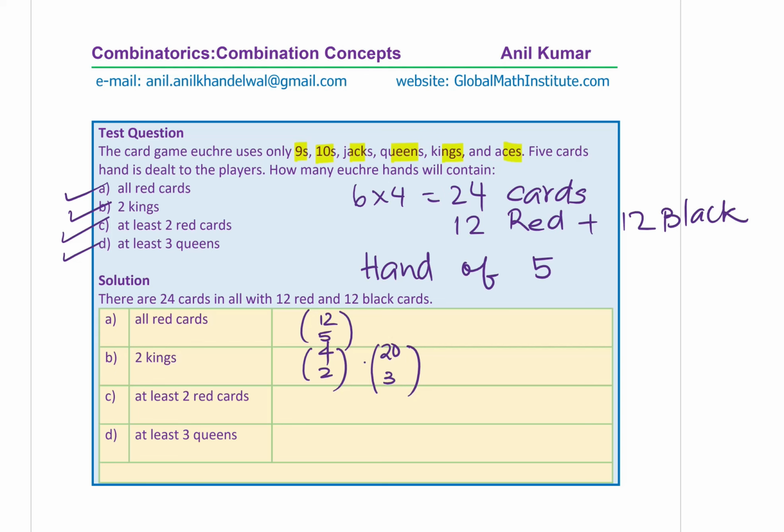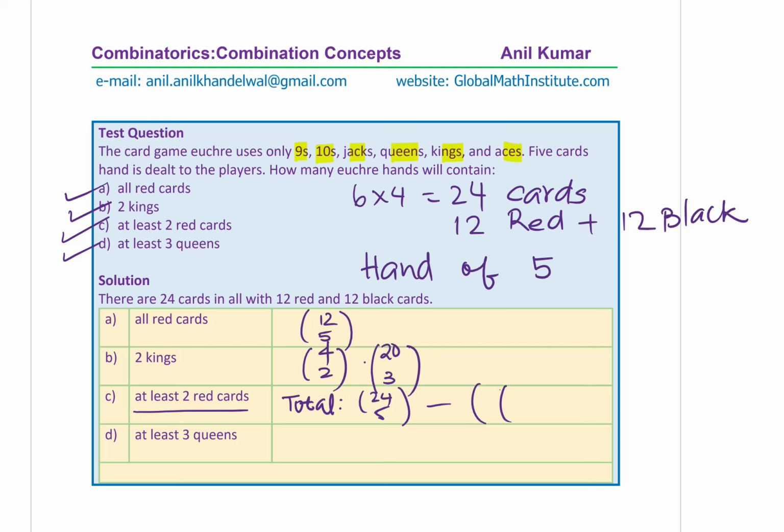So can you help me figure this out? Well, let's find the total. Total combination is going to be from 24 we have to get 5. That is total. Do you see that? From this total we want to take away the cases for 1 red card or no red card.